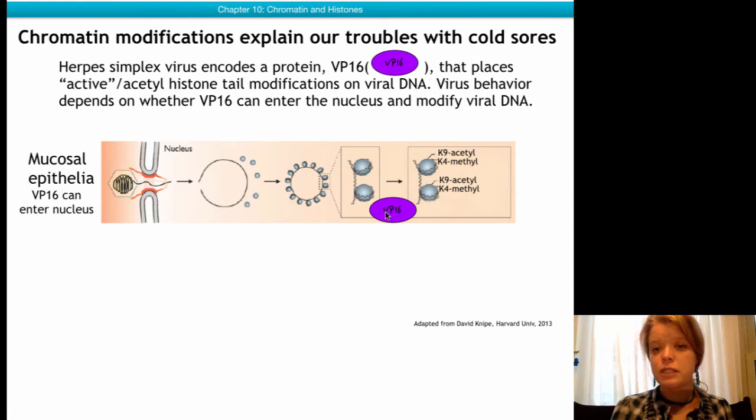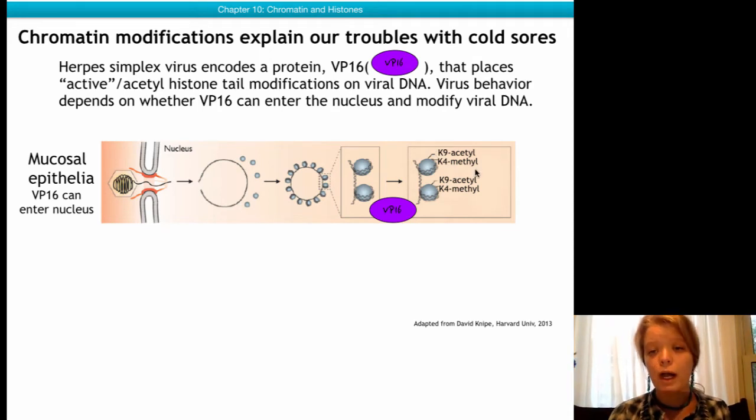However, there's VP16 here, which is a viral protein, and VP16 acetylates the K9 lysine and also methylates the K4, allowing for open DNA structure and for production of the viral proteins from the viral genome.